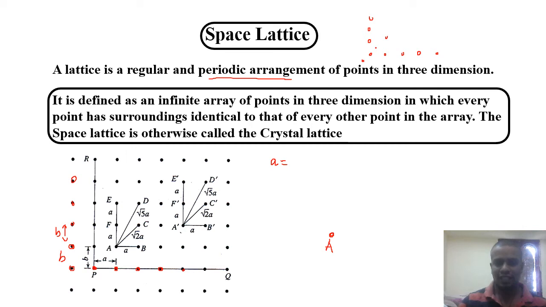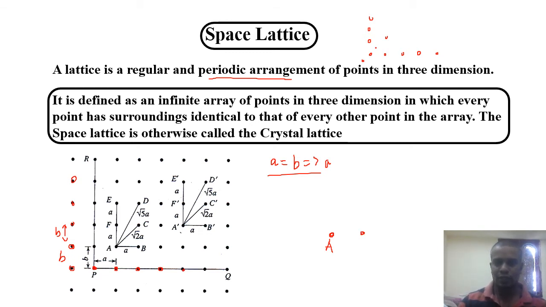So if a equals b, the distance between any two points in the x direction will be equal to the distance between any two points in the y direction. We can call these two distances a in general. Now we are doing some calculation. How can we measure the distance between any other point? It's just a simple Pythagorean theorem.